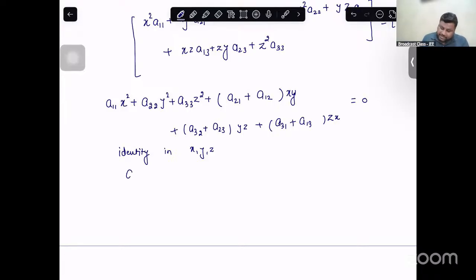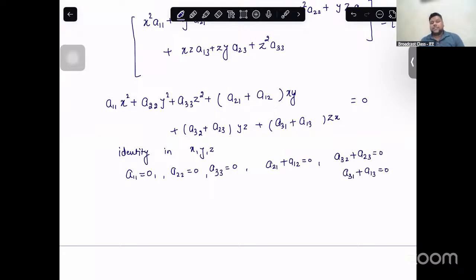That means A11 should be 0, A22 should be 0, A33 should be 0, then A21 plus A12 should be 0, then A32 plus A23 should be 0, then A31 plus A13 should be 0.